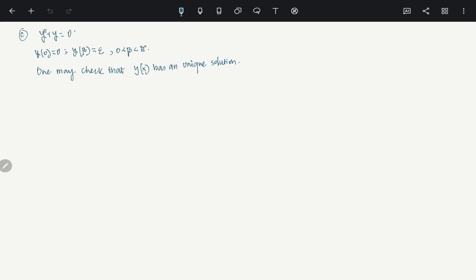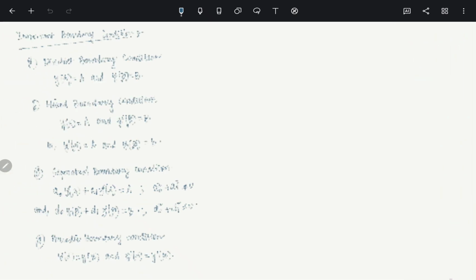So the question is: can one find the necessary and sufficient condition so that conditions 1 and 3 hold, the homogeneous case?